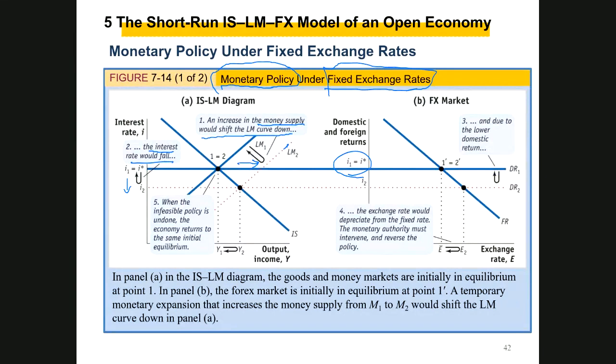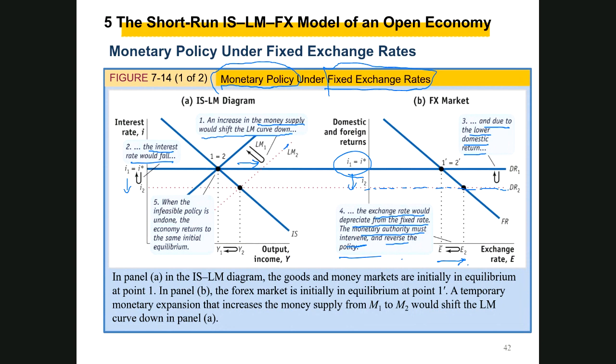As the interest rate falls, the domestic return is lower, right? The exchange rate will depreciate from the fixed rate. The monetary authority must intervene, reverse the policy, right? If the interest rate falls to this level, your exchange rate will be here.